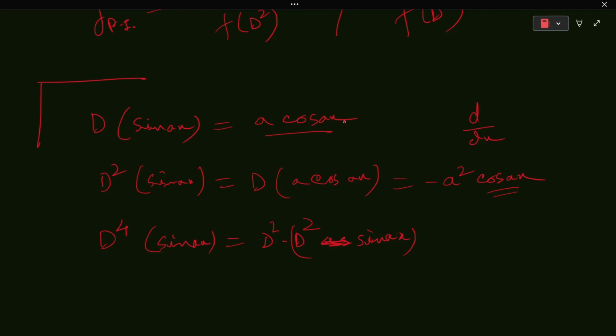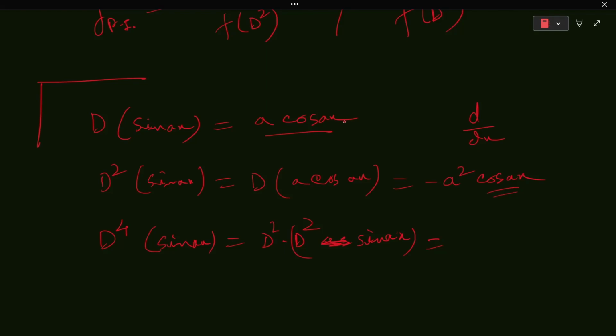So what will we have? Let's take a little time. Differentiating sine x gives cos x, and differentiating cos x again gives minus sine x. After that it will become sine x.